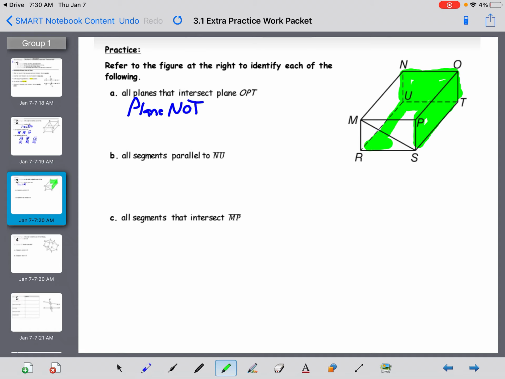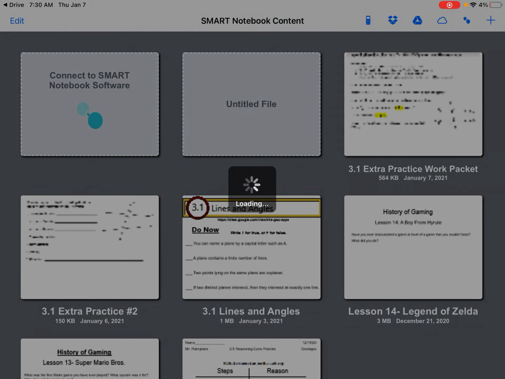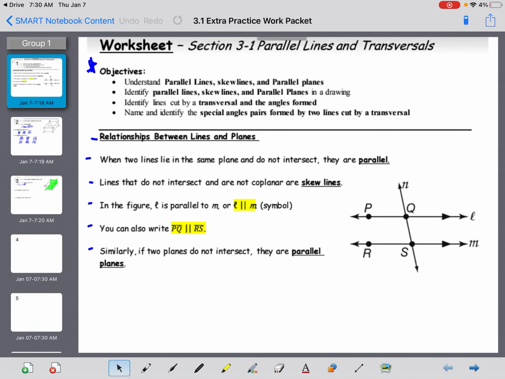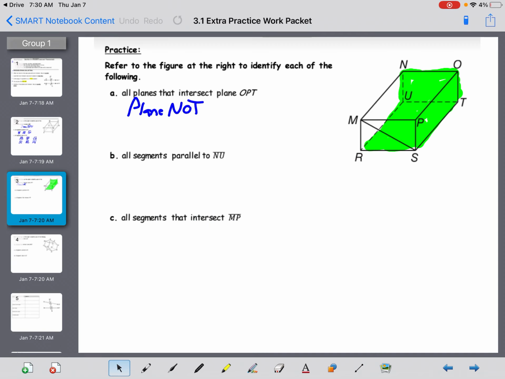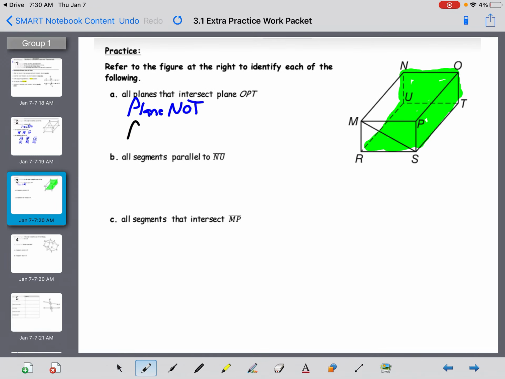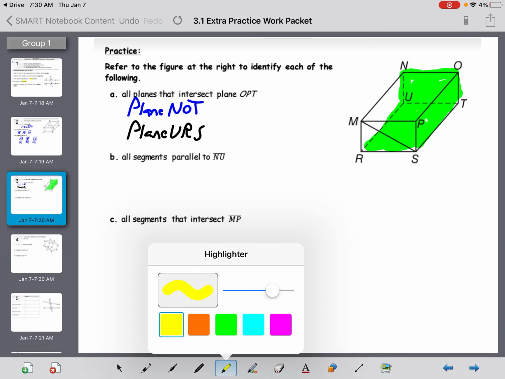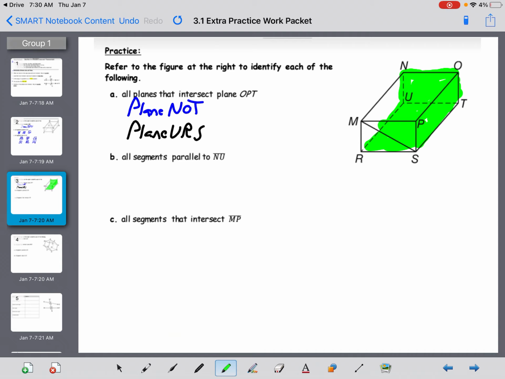Also, the bottom plane, which is plane URS. And also your front plane, which is plane MPS, MRS.